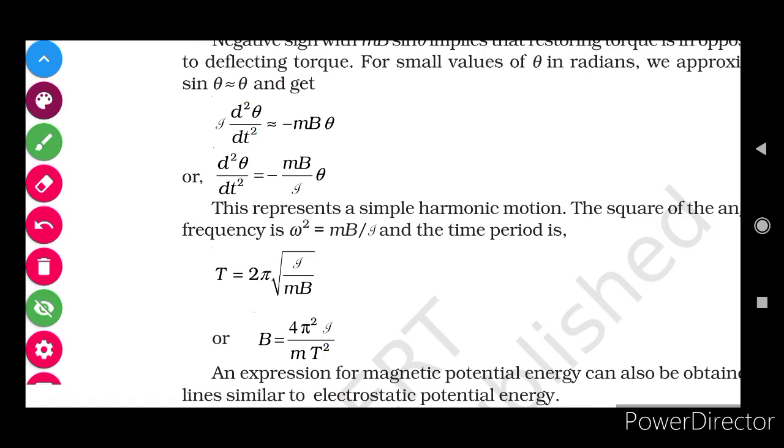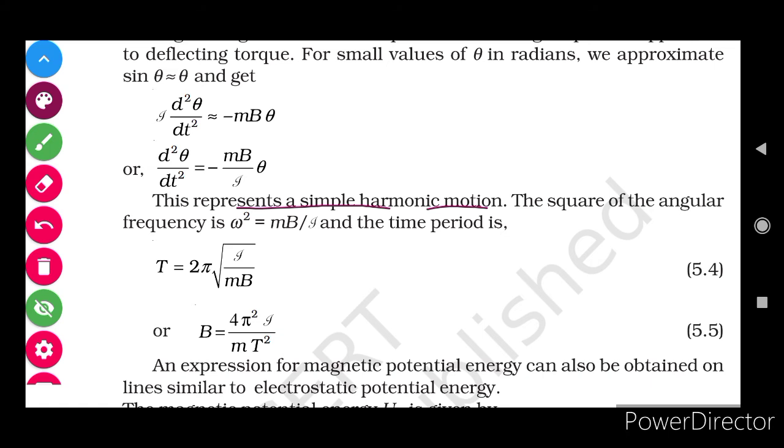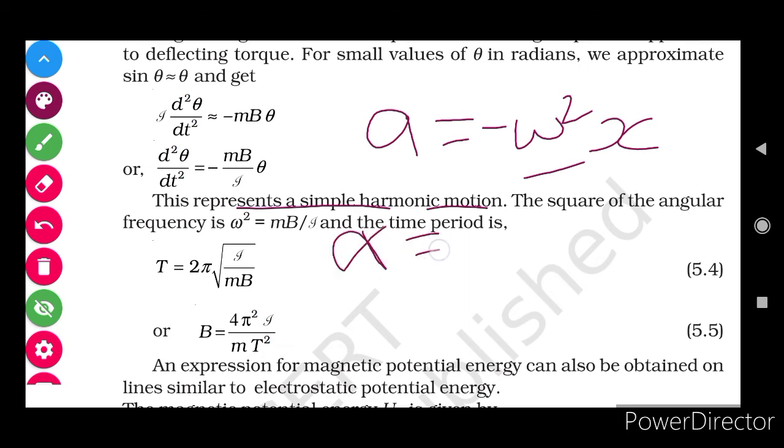Now this represents a simple harmonic motion. You know the equation of simple harmonic motion: acceleration is equal to minus omega square times x, where omega is the angular frequency. Here the angular acceleration alpha is equal to minus omega square times theta.